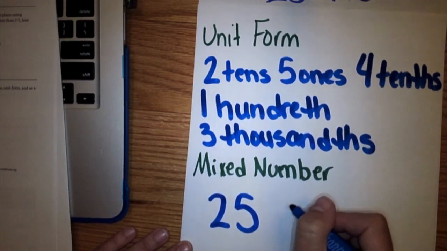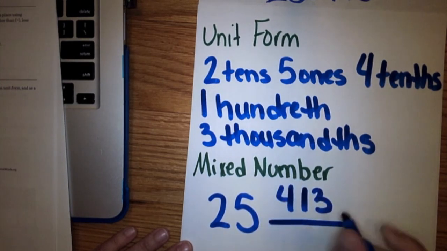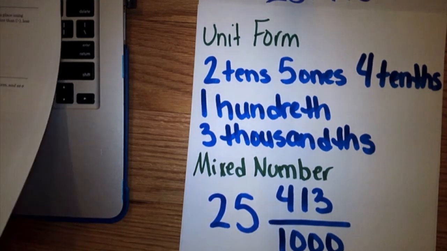Our fraction, our part of a number, is 413. And we know that this 3 falls in the thousandths place. So there's our mixed number. A mixed number has whole numbers and fractions combined to make one number, 25 and 413 thousandths.